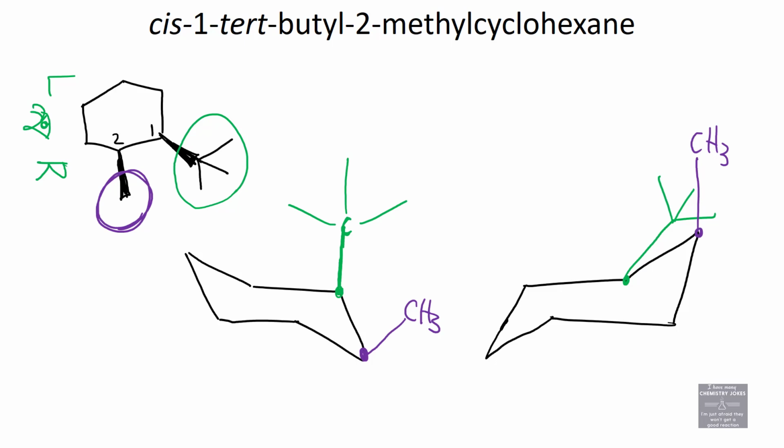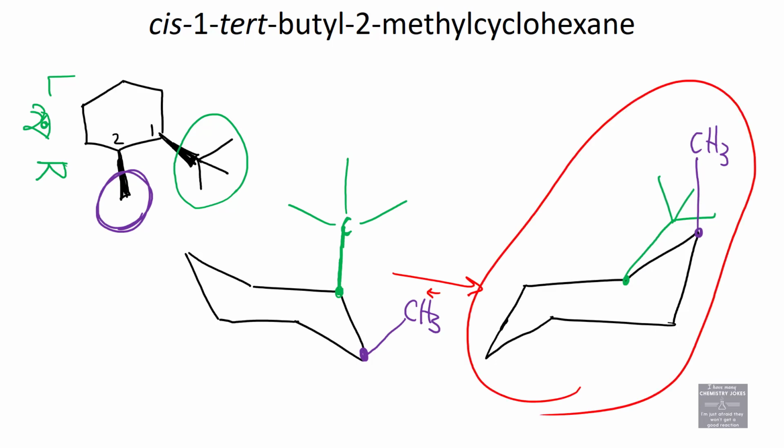So which isomer is more stable? If we're considering equilibrium, which conformation does this molecule spend more time in? This one. Equilibrium favors the right-hand molecule because tert-butyl is giant, and tert-butyl being axial is real bad news. Tert-butyl is too big to be axial. It's too unstable to be axial.